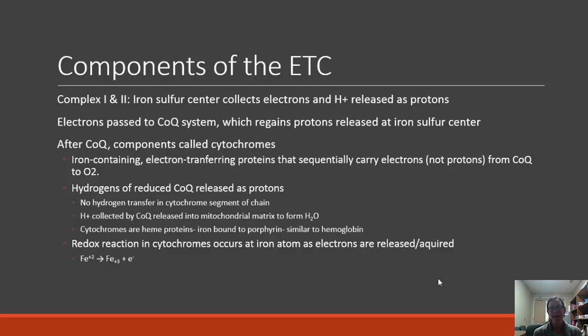So it can change its state when the electrons are passed onto it. It would become Fe2+, and then it would pass the electron on to the next complex in the system, and it would become Fe3+, for instance, as it reduces the next complex.